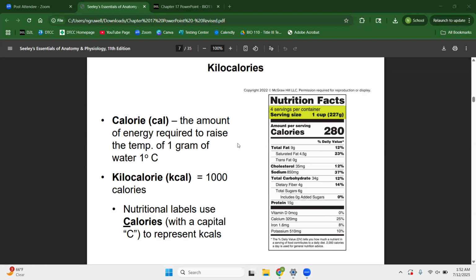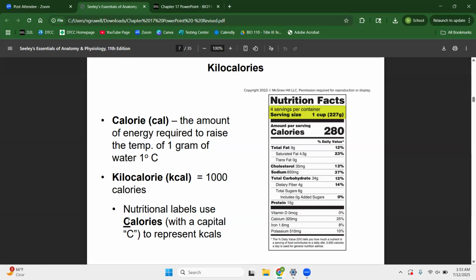Now, what we communicate with most often is actually kilocalories, so a kcal, which is 1,000 calories. Now we have an uppercase C calorie, big C calories. They actually represent kcals. So one uppercase C calorie is the same as one kilocalorie, which is the same as 1,000 lowercase c calories.